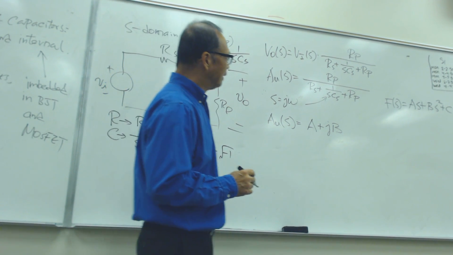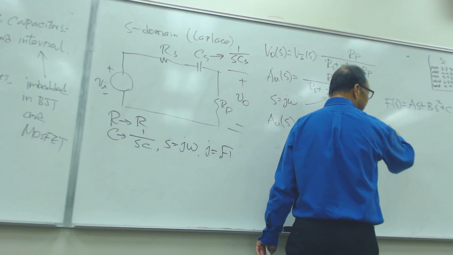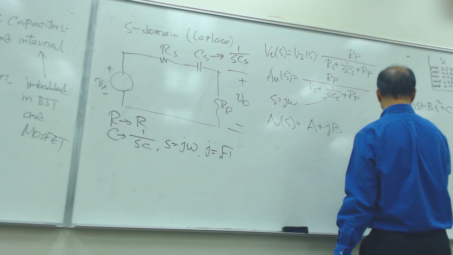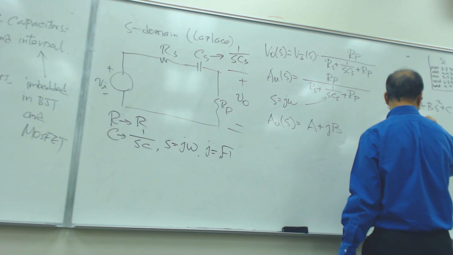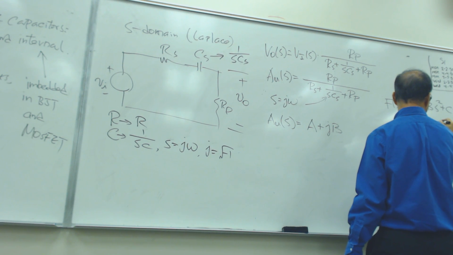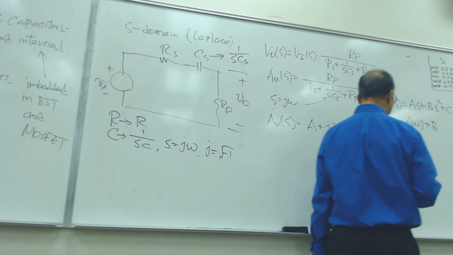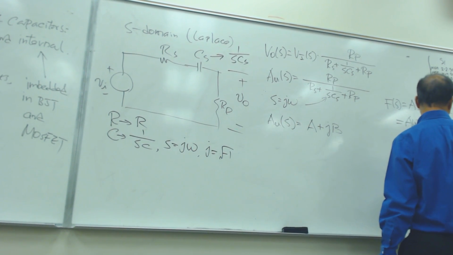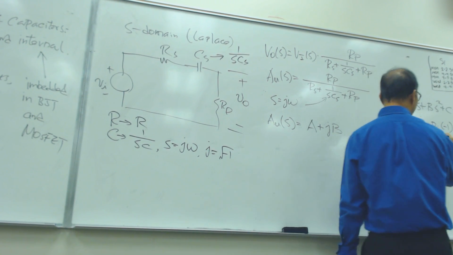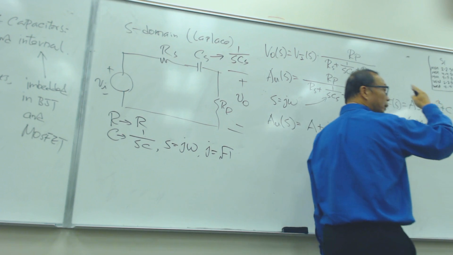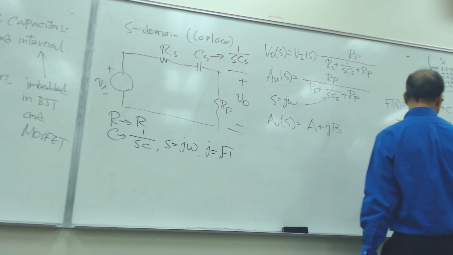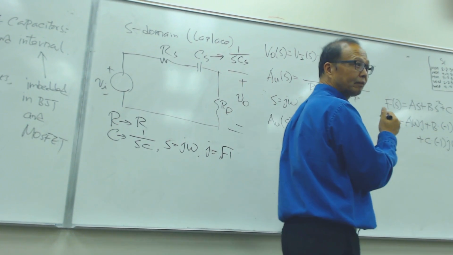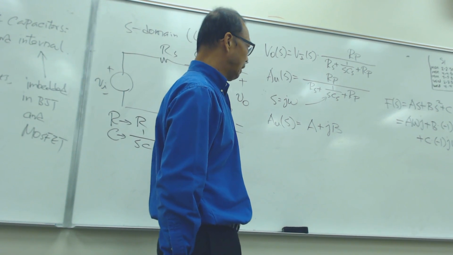Now, as I said, this equation can be put in the form of a complex number, correct? How do I do that? Well, because S equals J omega, right? So it's A omega J, right? Plus B times what? What is S squared? Omega J squared. J squared is minus 1, right? Minus 1 omega squared, correct? Plus C S to the cube is what? Minus 1 J omega cubed. Yes? Is it correct? Yeah. Okay.